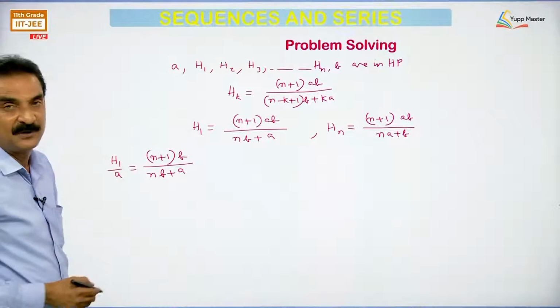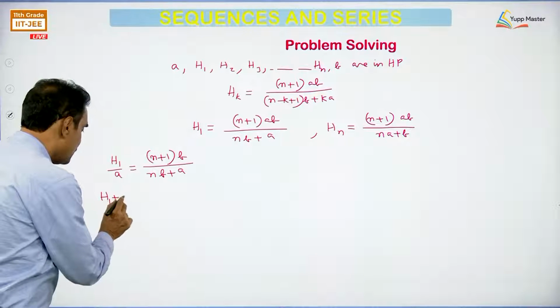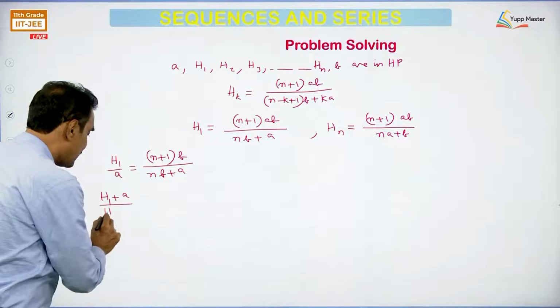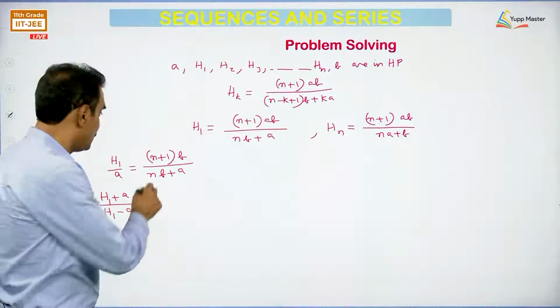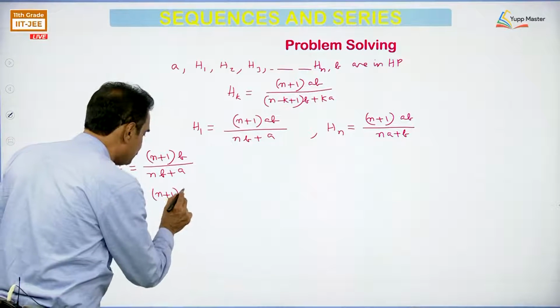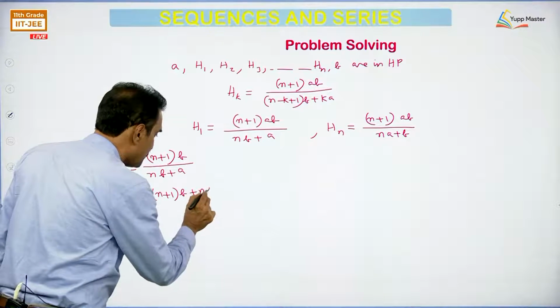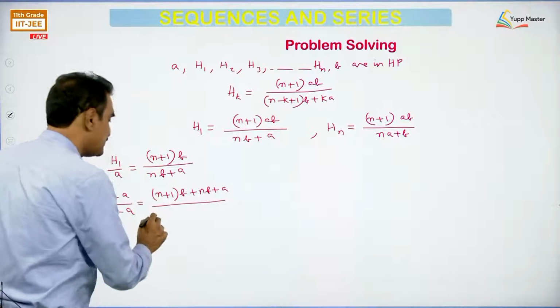So applying componendo and dividendo, numerator plus denominator, H1 plus A by numerator minus denominator, will be equal to n plus 1 into B plus nB plus A by numerator minus denominator.